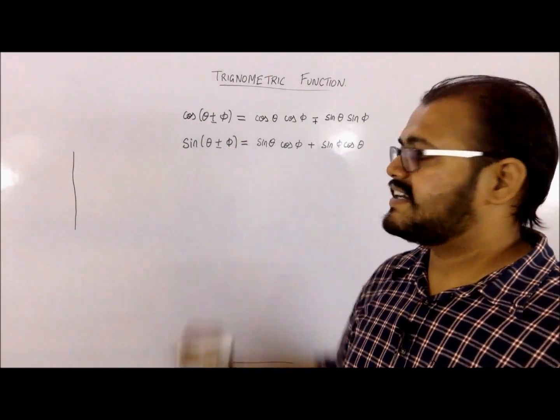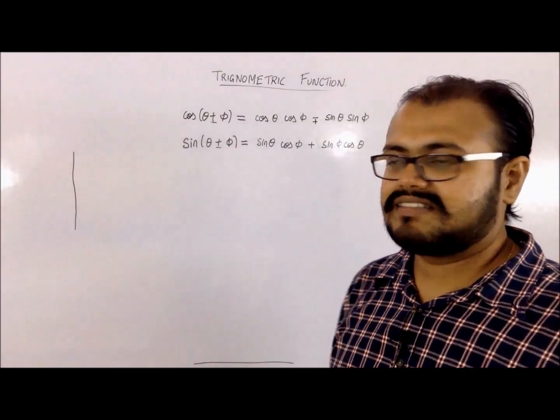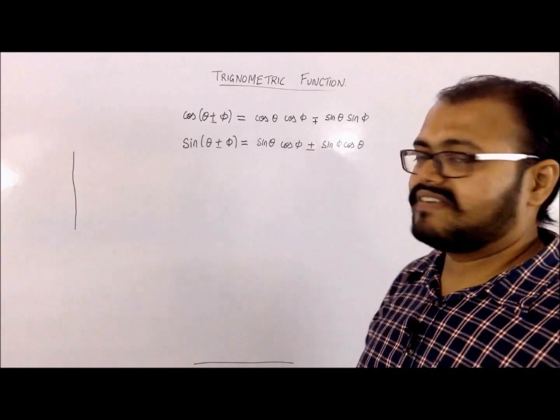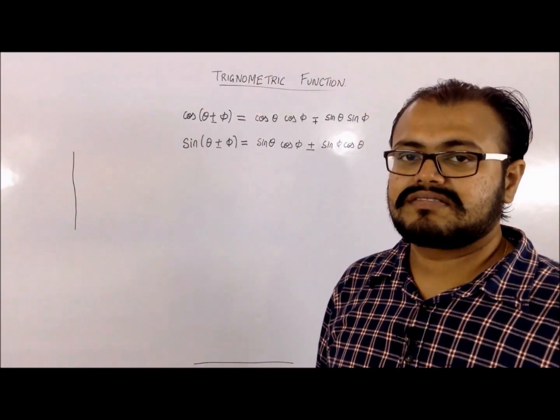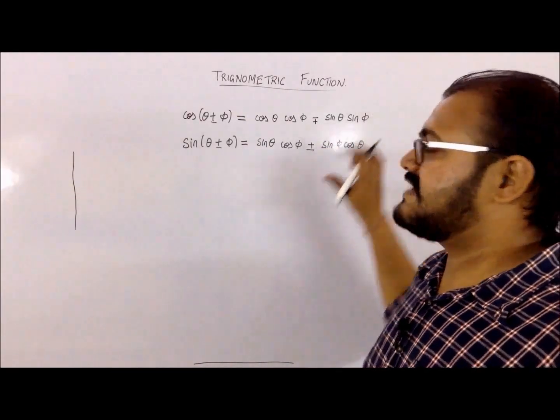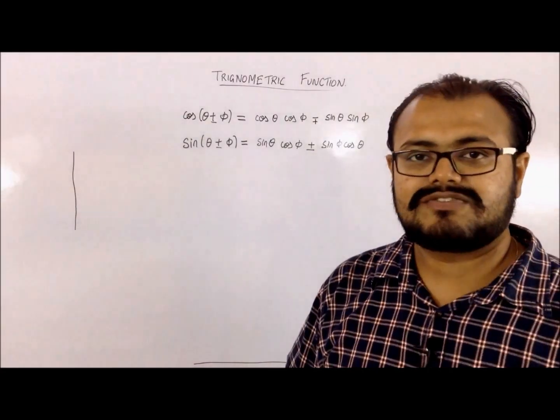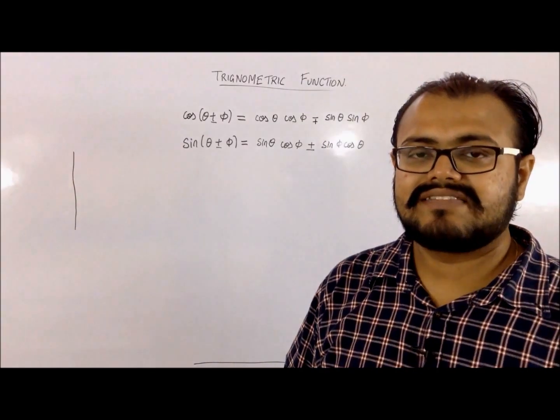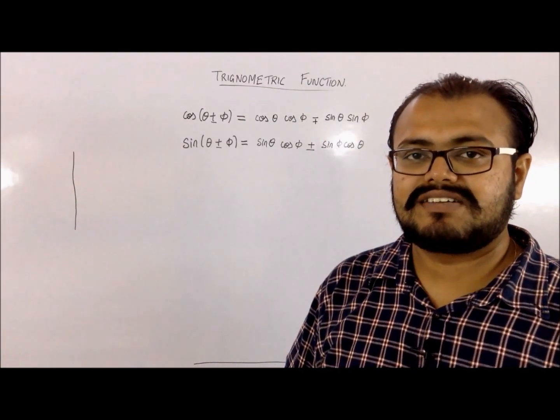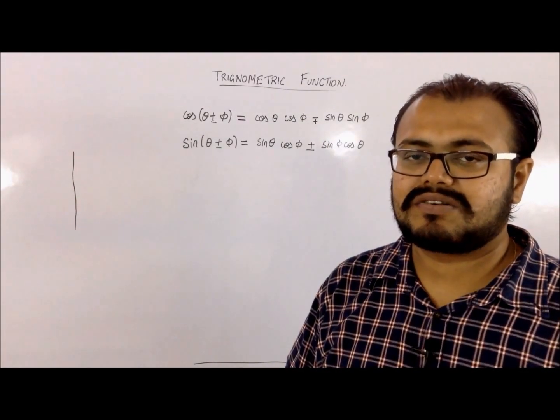If I have subtraction of the angles, then I will have a subtraction over here. From this itself I have learnt four different formulas of trigonometry. These formulas are important because they will be useful in getting the values for allied angles also.